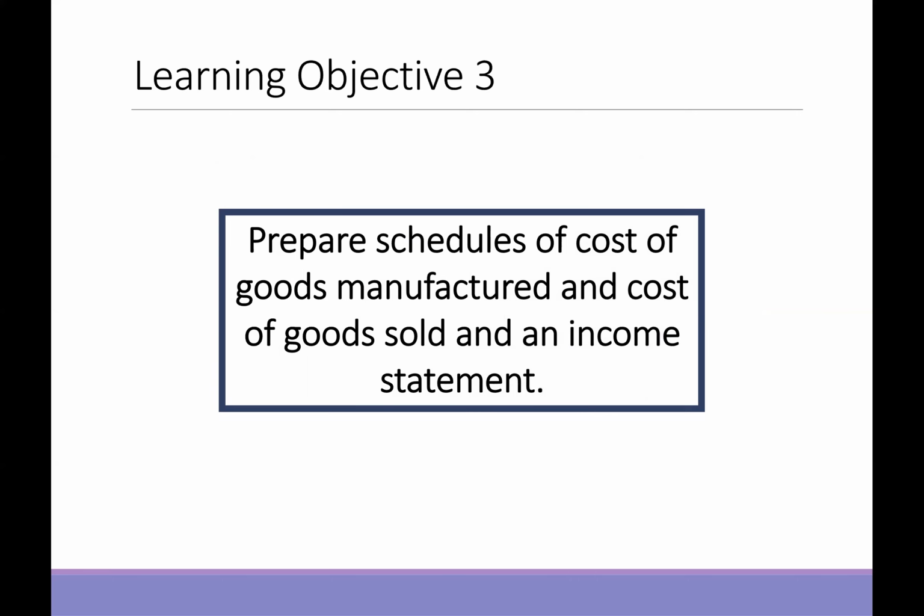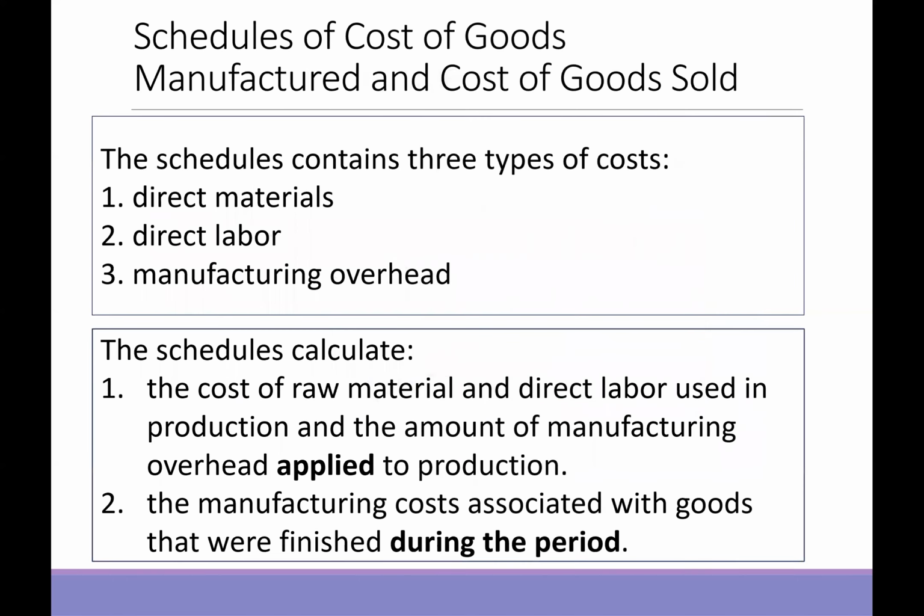Now, preparing these schedules, we're going to look at a cost of goods manufactured schedule, and then we'll look at a cost of goods sold schedule. These will be broken down by direct materials, direct labor, and manufacturing overhead.